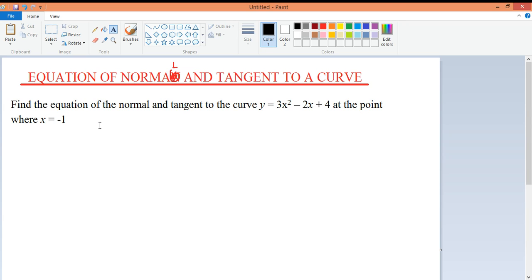So we are going to obtain the gradient of this tangent and the normal. But before then, we need to obtain the gradient function dy dx. Let's calculate the gradient function, dy over dx.